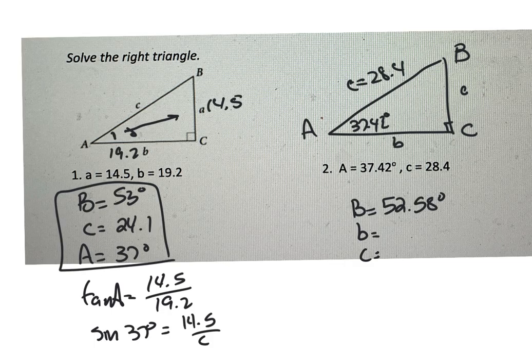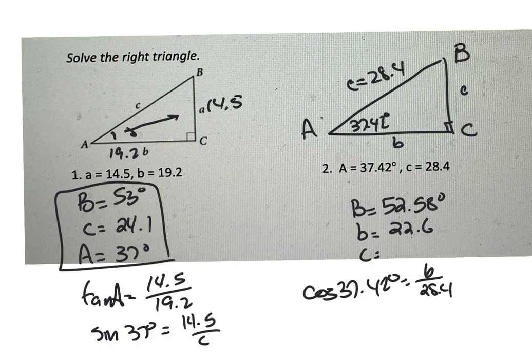Now to find little b, you have a lot of options here. I'm going to go cosine of the 37.42 because that's adjacent over hypotenuse. And when my b's on the top, I'm going to cross multiply 28.4 times cosine 37.42, doing this live on my calculator as I speak. So little b, I'm getting 22.6 if I round it.